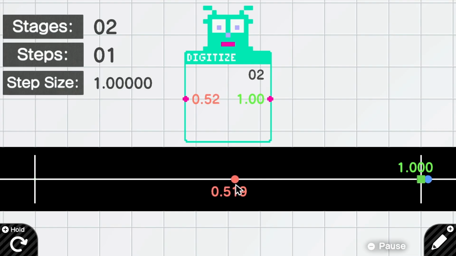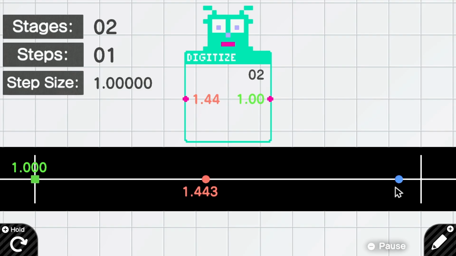Now for the larger range, when our value goes from 1 all the way up to right before it hits 2, you can see that the value of our red dot here goes from 0.5 all the way up to 1.5. And we know that 0.5 all the way up to 1.5 rounds to 1.